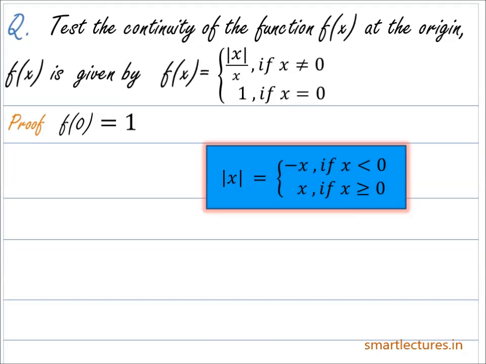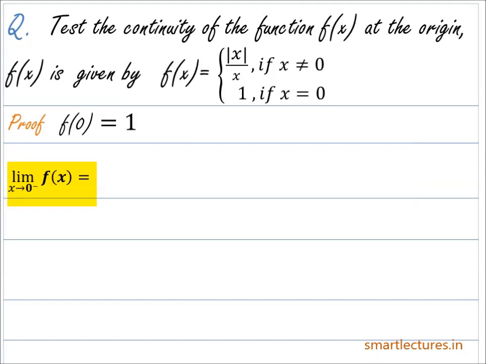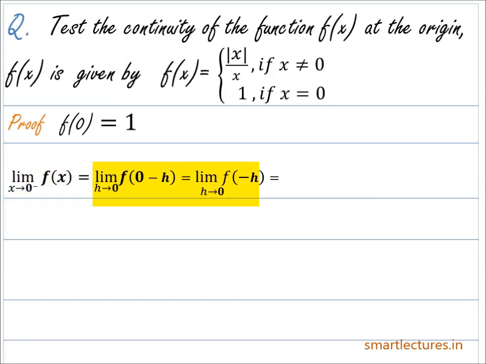So first, let's find out the left hand limit of f of x at x equal to 0, which is equal to limit x approaches 0 from the left hand side of f of x, and this limit can be also written as limit h approaches 0 f of 0 minus h, which is equal to limit h approaches 0 f of minus h.